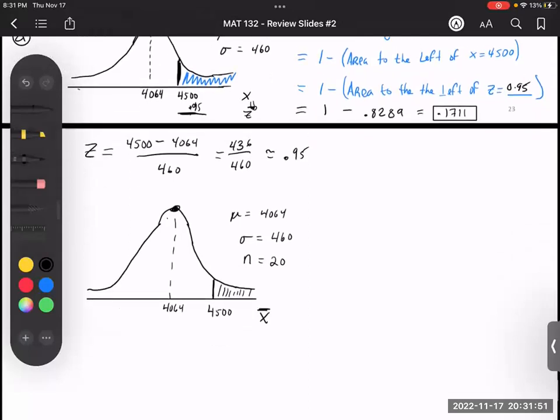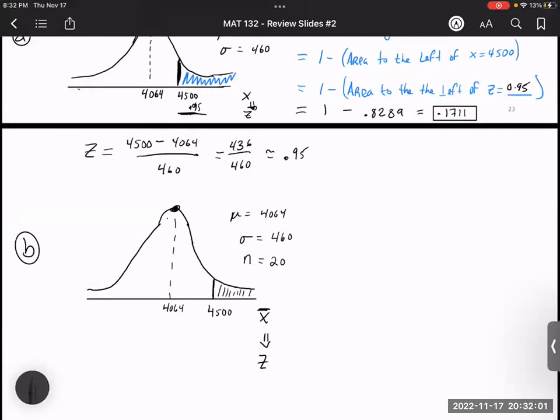I have to transform this in terms of z. Well, I cannot use the formula that I used above, x minus the population mean over the standard deviation. I can't use it.